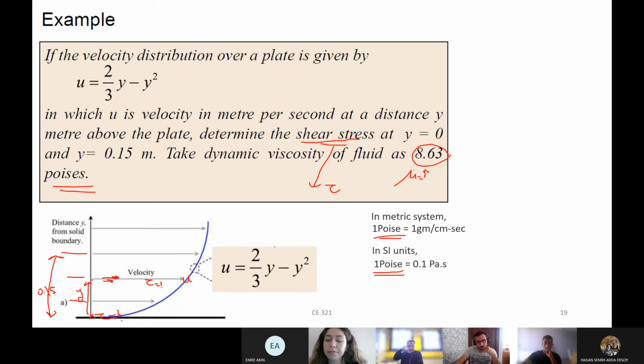And what should I do next? I should find the tangent of theta. I need du over dy. I have the function, so we should take a derivative of that function instead of geometrically solving. I can directly take the tangent.